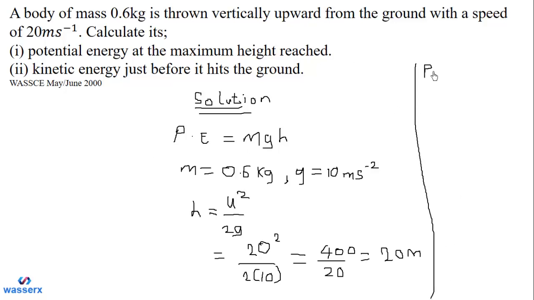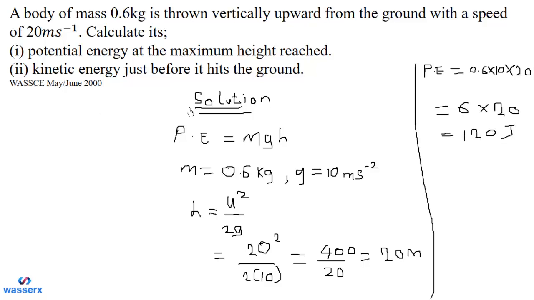So we can substitute into PE is equal to mgh to get 0.6 times 10 times the height, which is 20 meters, and that will give us 6 times 20, and that will be equal to 120 joules.